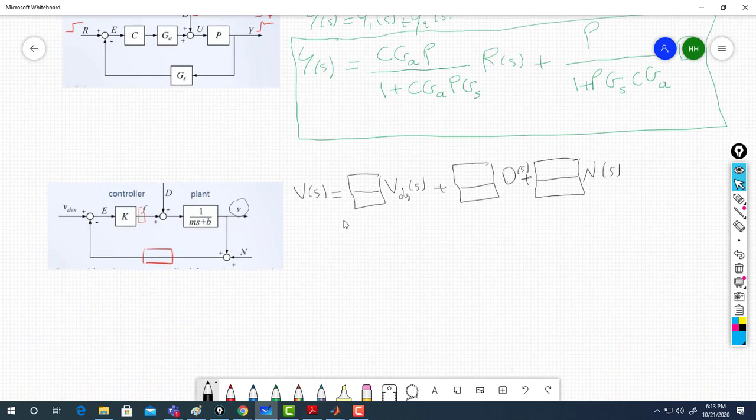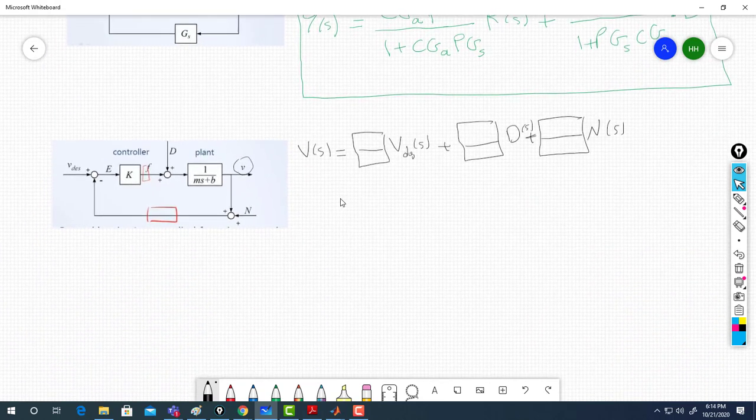That's it. So usually in control, it's more likely to have these 3 types of inputs. You usually have noise on measurement. So assuming here you have a sensor, when you measure your output that you need to feed back here, most often your measurement is noisy.